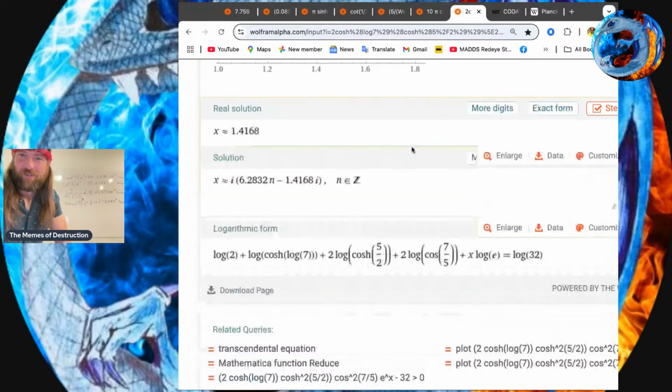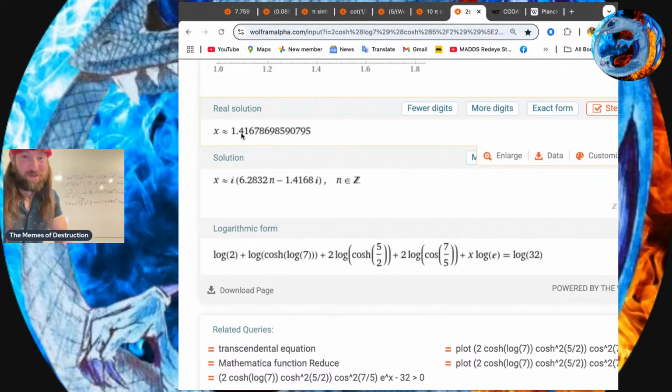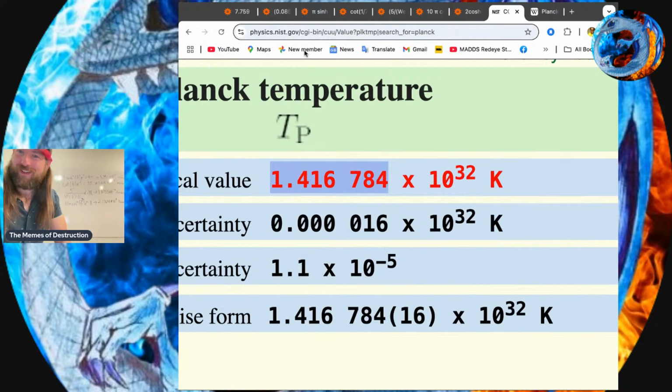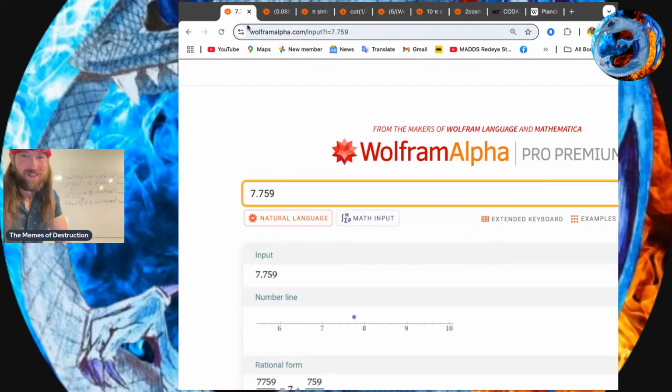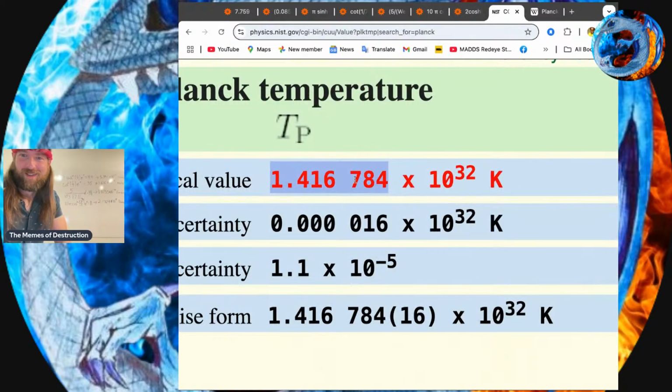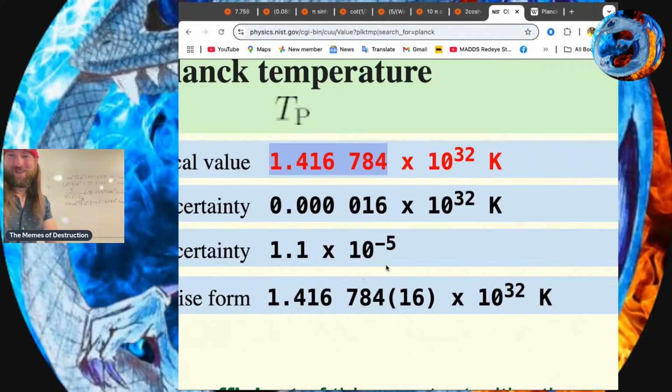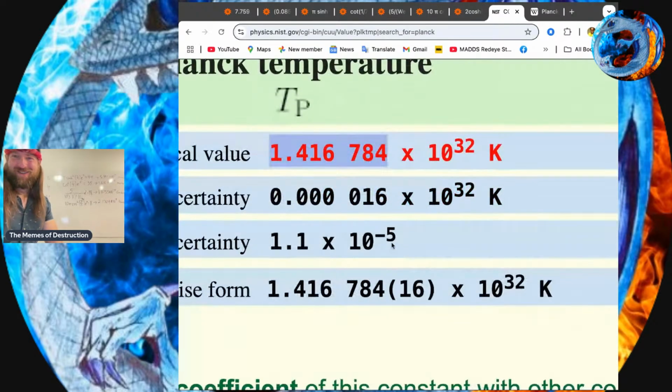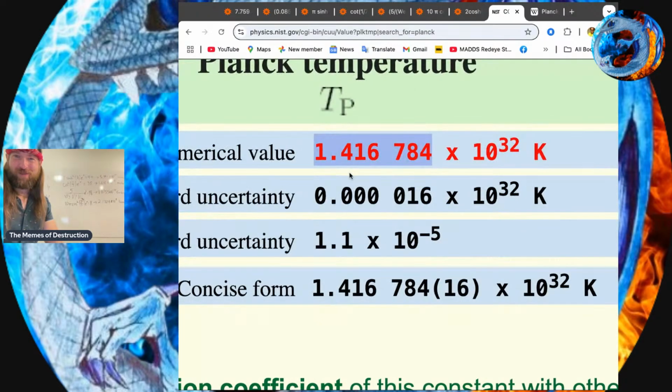Okay, approximate form. Oh, what are these digits? 1.416, 1.416, 6, 7, 8, 6, 9, 7, 8. Oh, well that seems to be well within the 1 sigma of the Planck temperature, my friends.